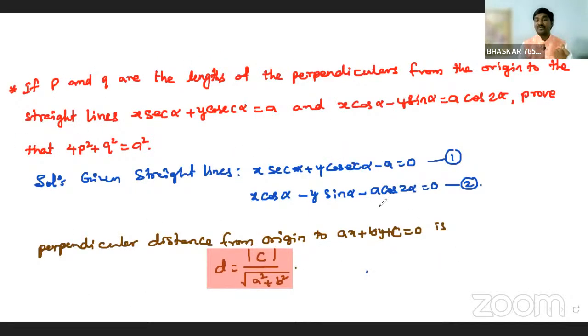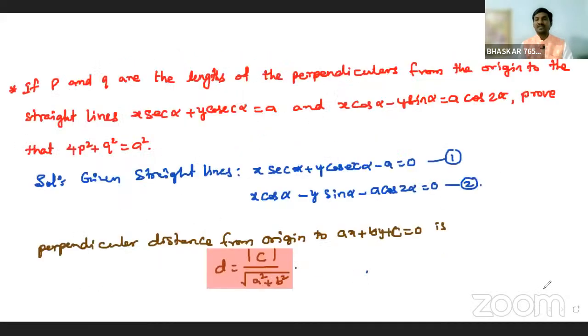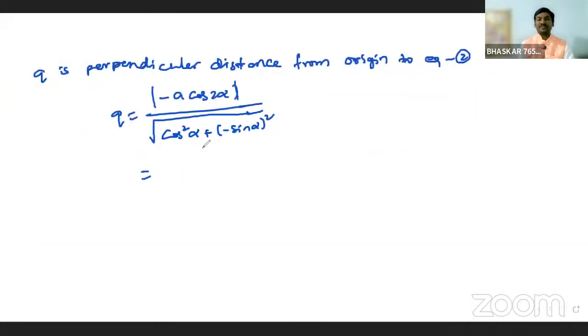Under the root of a square plus b square, that means cos square alpha plus minus sin alpha whole square. We have to square both the coefficients, the x coefficient as well as the y coefficient. Now we can remove the modulus, and the negative sign becomes positive.